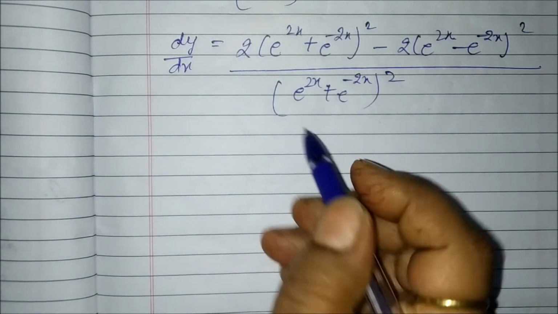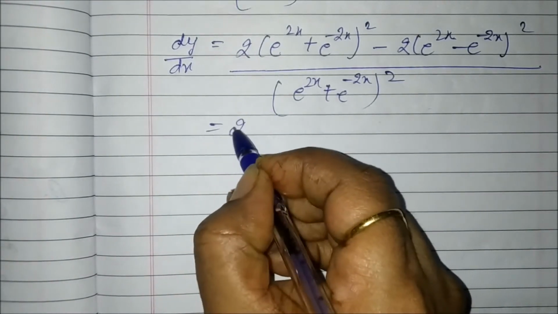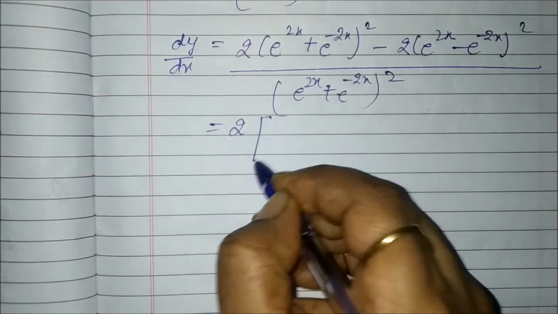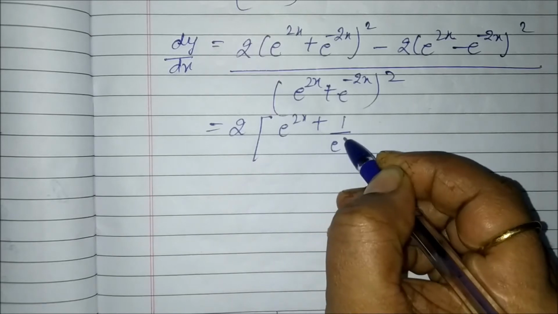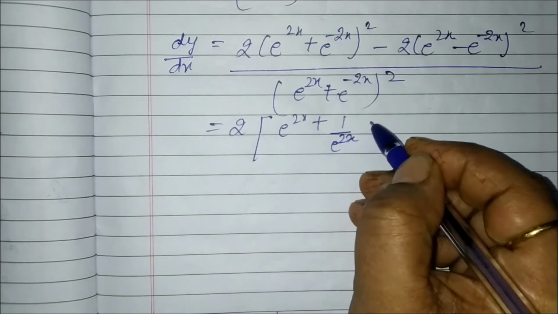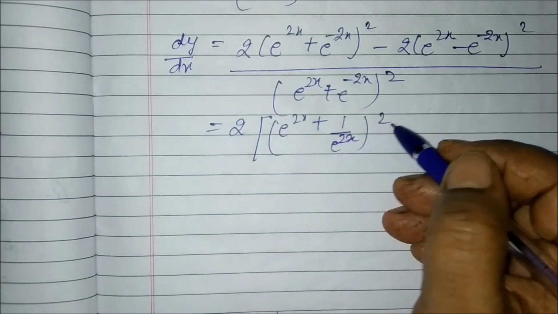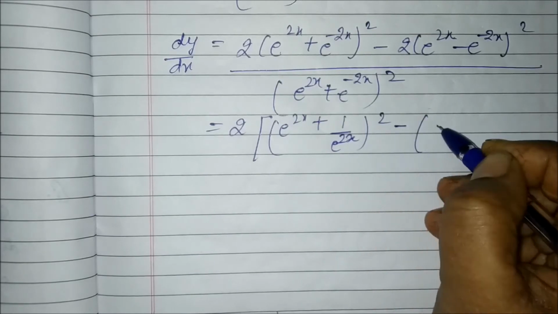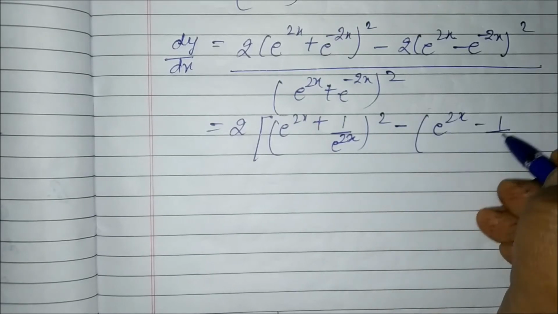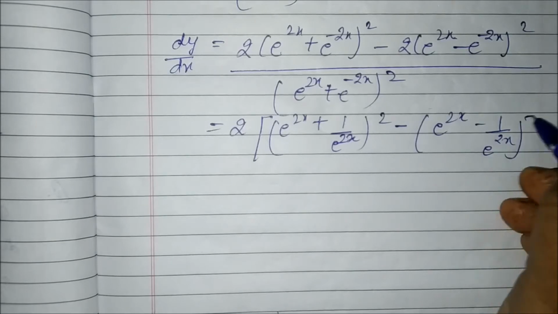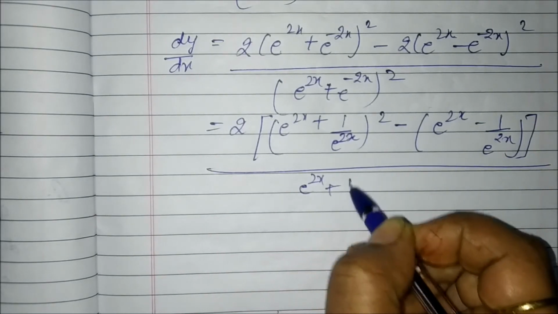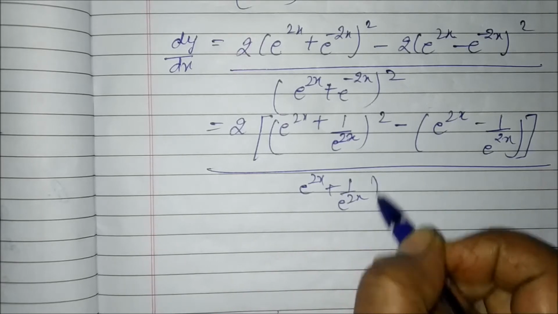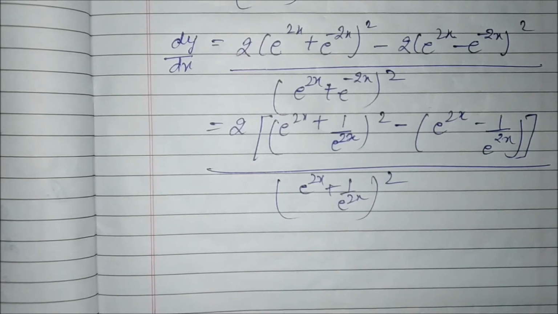Okay, now this 2 can be taken common, and also convert this e raised to minus 2x as 1 by e raised to 2x. So (e raised to 2x plus 1 by e raised to 2x) whole square minus (e raised to 2x minus 1 by e raised to 2x) whole square, upon (e raised to 2x plus 1 by e raised to 2x) whole square.